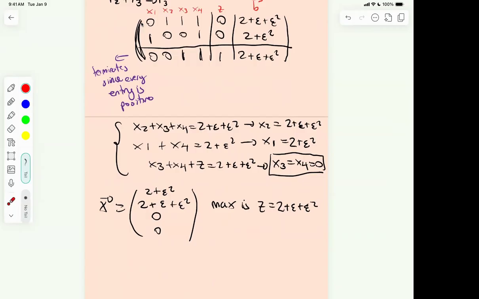Yes. So for the dirty equation, okay? There's still a positive number of non-basic variables. Sorry, what are you saying? Repeat. But there's only x3 plus x4 plus z equals 2 plus epsilon squared, right?